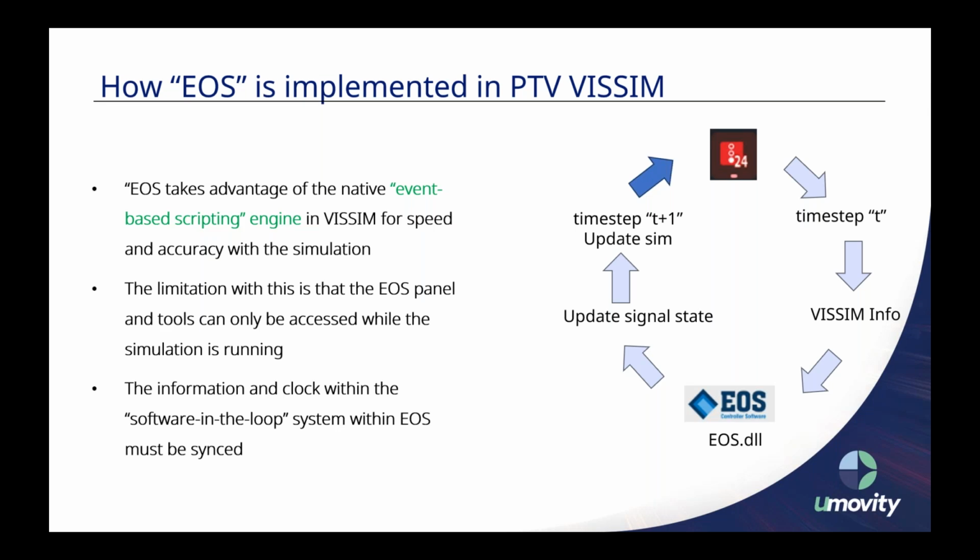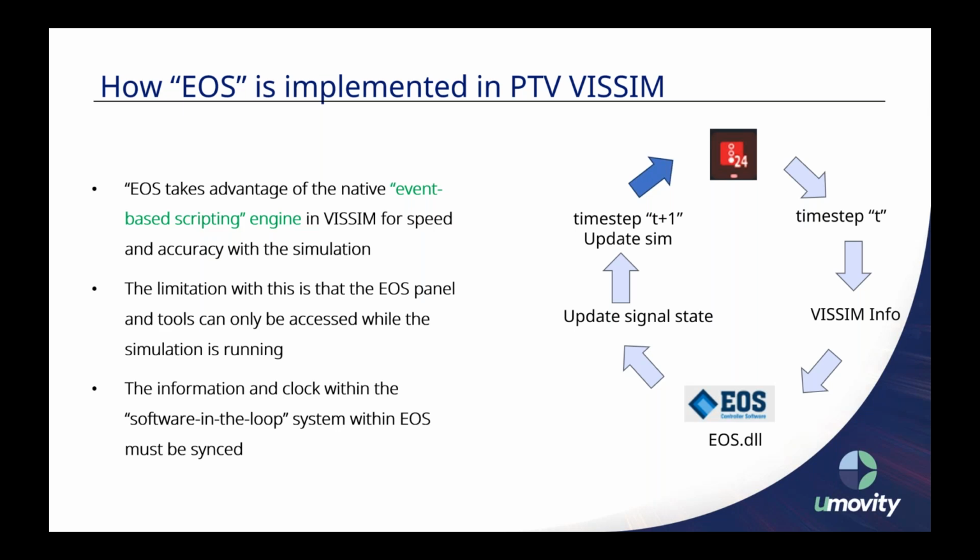Think about it like, if you go out in the field, you can't pause reality and check on the controller, right? It's always running in real time. However, Vissim is not reality. So to bridge the gap, that's kind of how it was implemented.